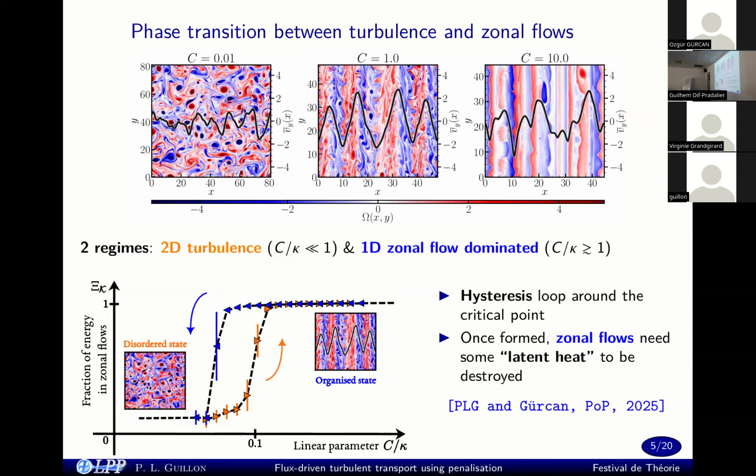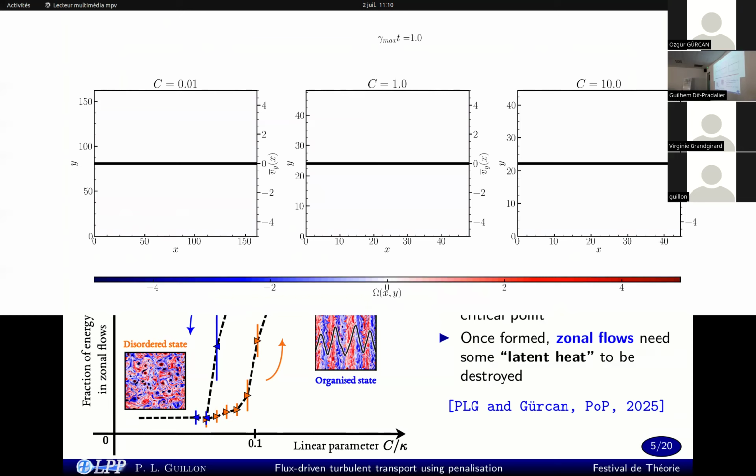Now we can study the nonlinear behavior of the system and look at the transition between turbulence and zonal flows. If we look at nonlinear simulations for different values of the adiabaticity parameter, C equal 0.01, C equal 1, and C equal 10, first we see the linear instability of the system at some point.